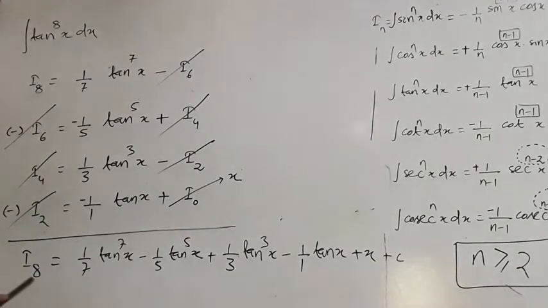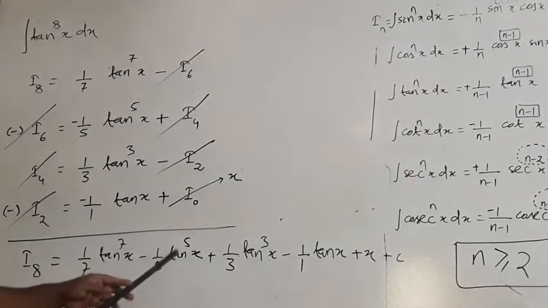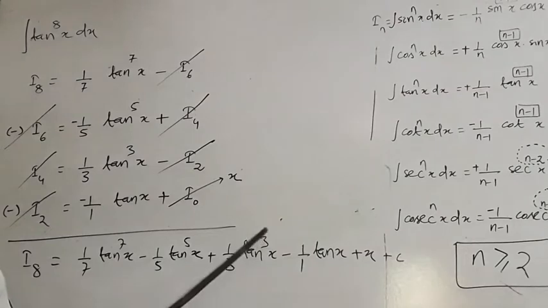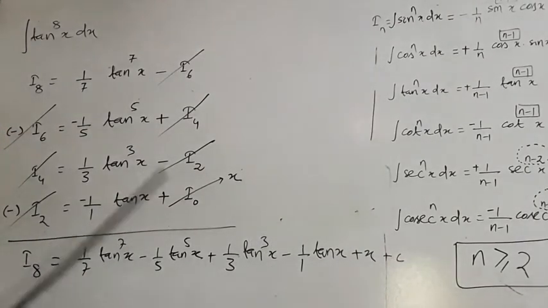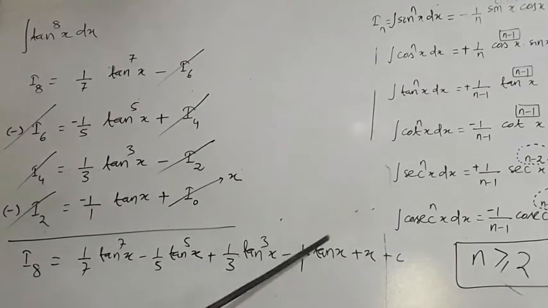So for tan power 8, it is 1 by 7 tan 7 minus 1 by 5 tan 5 plus 1 by 3 tan cube minus 1 by 1 tan x plus x, with alternating signs.